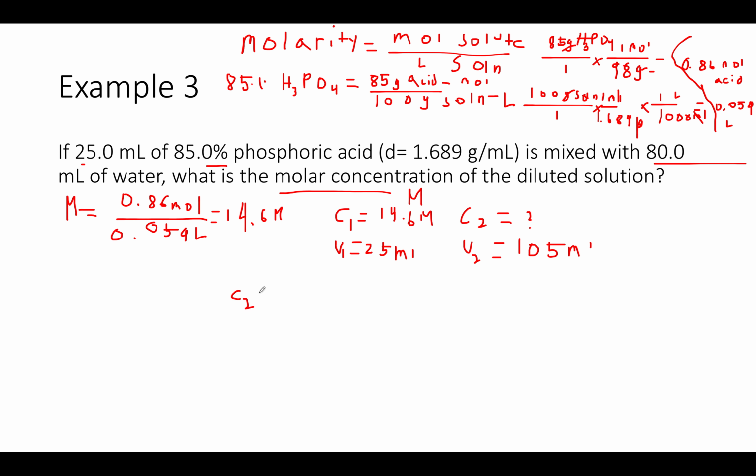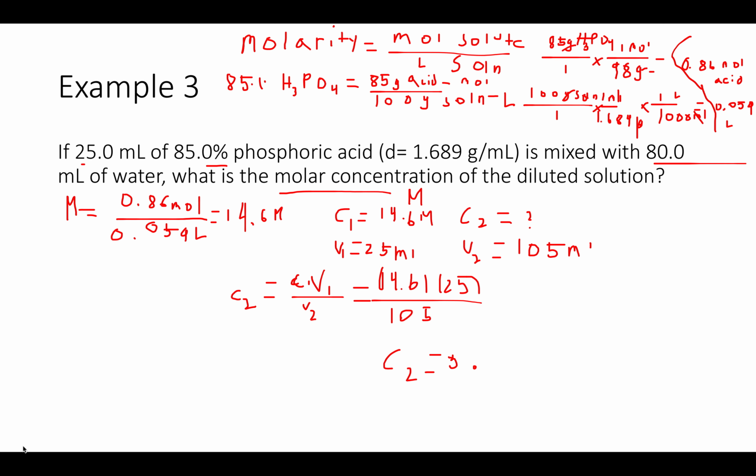You get C2 equals C1 V1 over V2. So C1's 14.6 molar, V1's 25, and V2's the 105 mLs. So you get C2 to be 3.5.